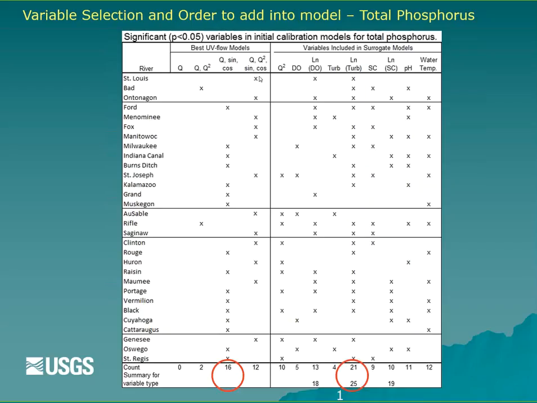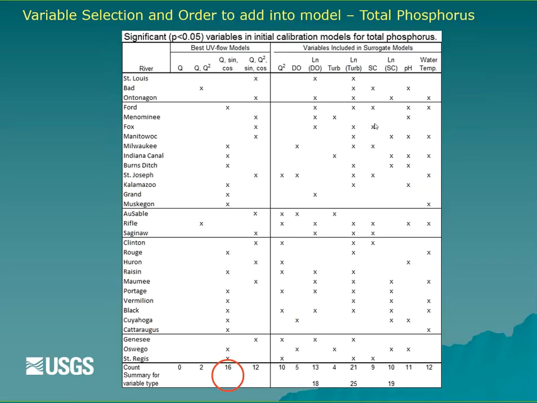Then we wanted to look at our surrogate models. And to do that, what we did is we basically started off with the same model, the same flow, sine, and cosine, and then looked to see which other surrogates were important for all these individual sites. So we got the 30 sites coming down here, and what we wanted to see was which variables were consistently statistically important.